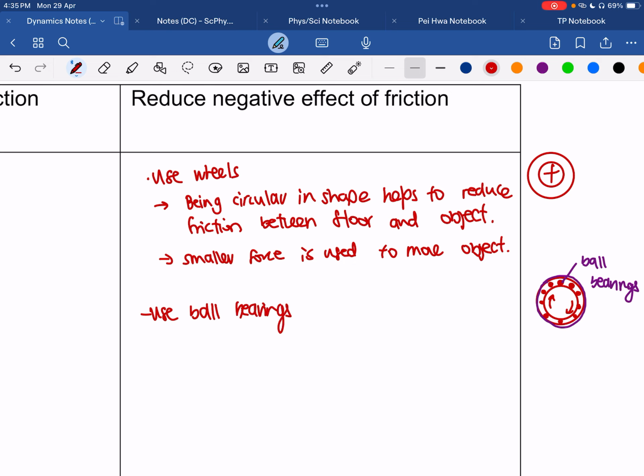Okay, so also circular in shape, and reduce friction between moving parts of machine.